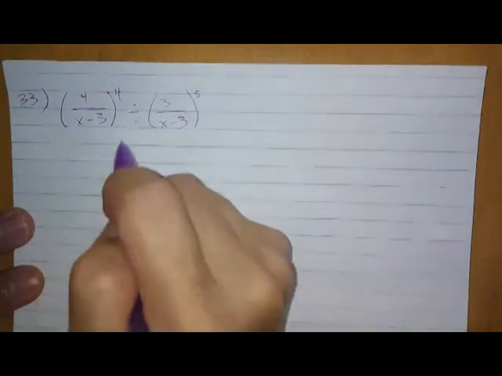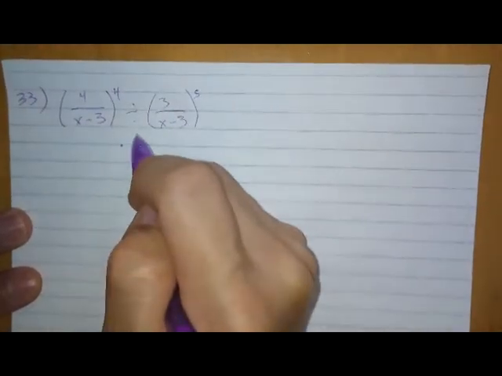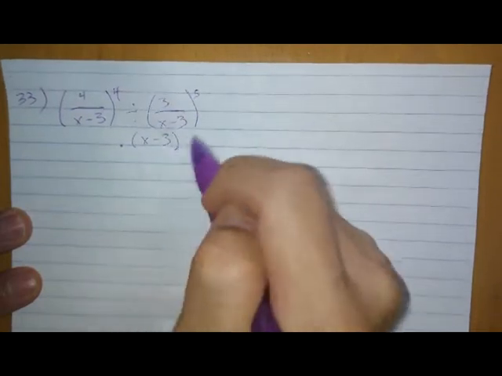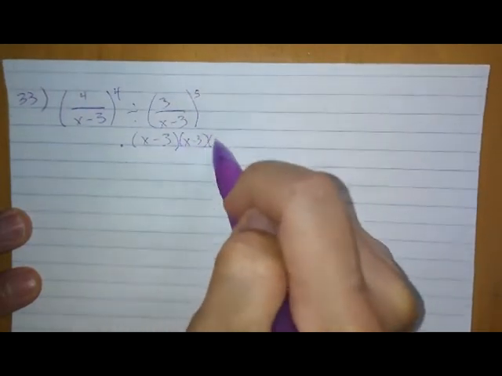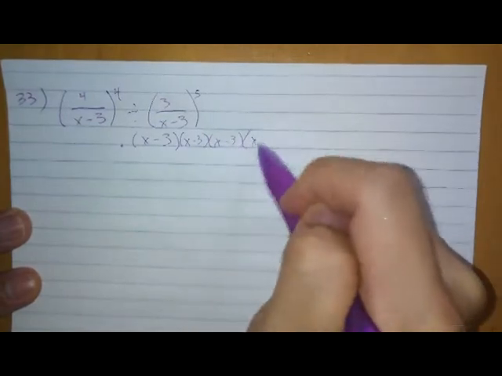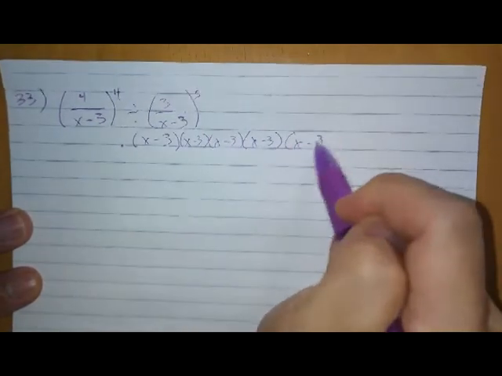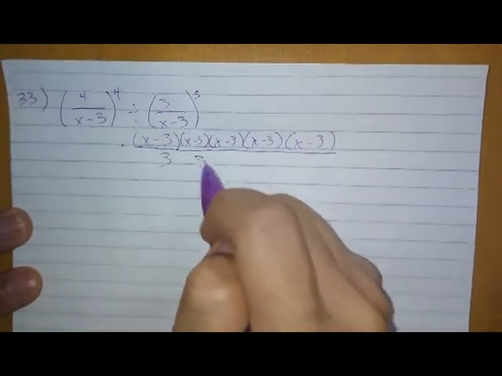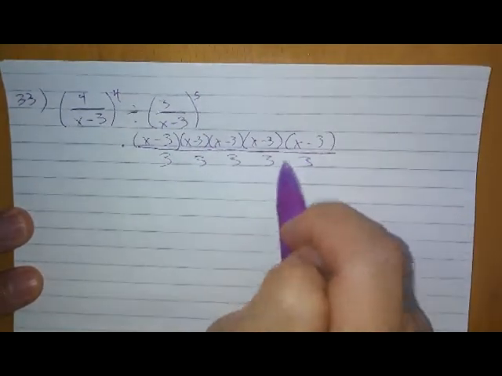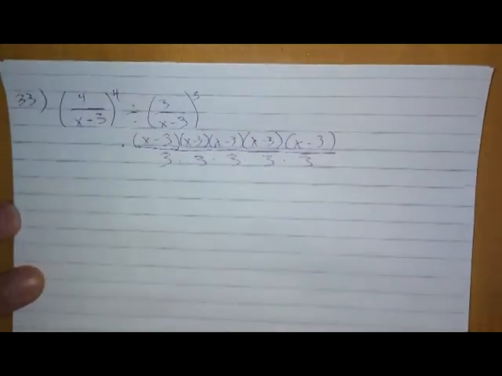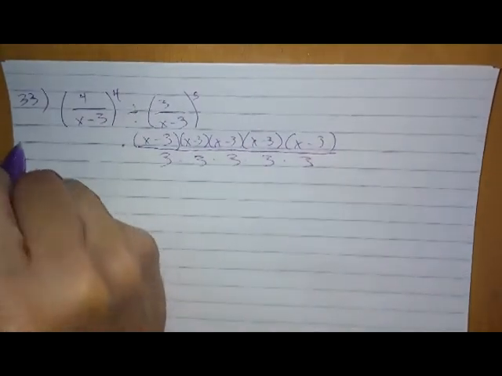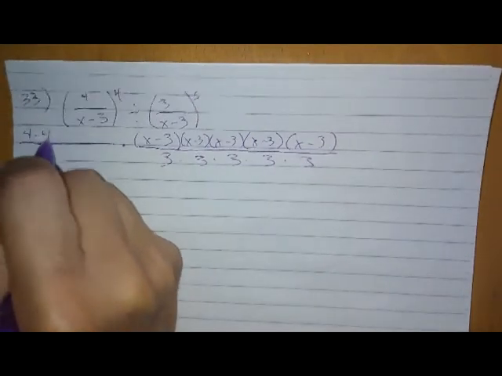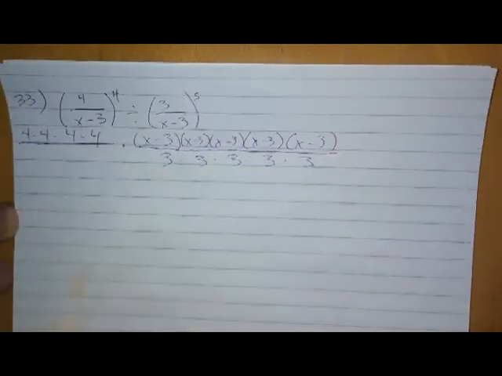Okay, so I am going to take the reciprocal, x minus 3. Why not? x minus 3, x minus 3, x minus 3, x minus 3. 3 to the fifth, so 3, 2, 3, 4, 5. Okay, on this side, this is still 4 to the fourth, so 1, 2, 3, 4.